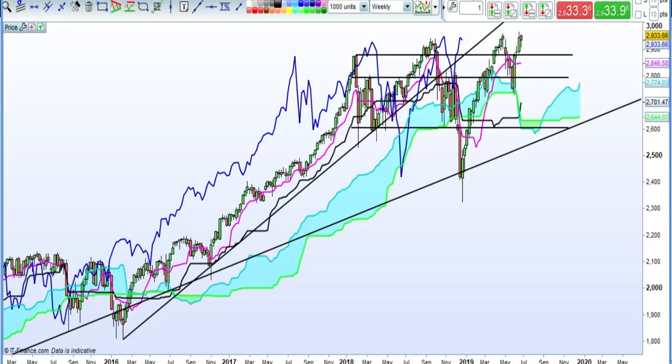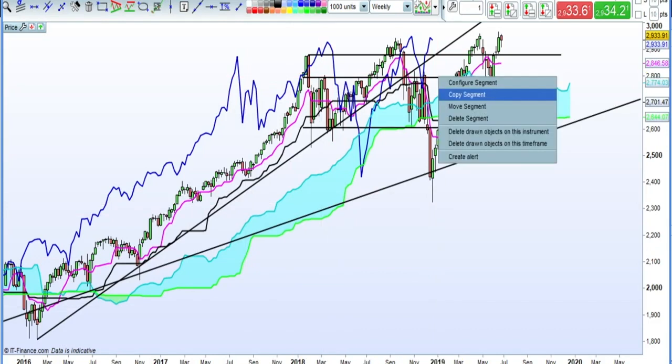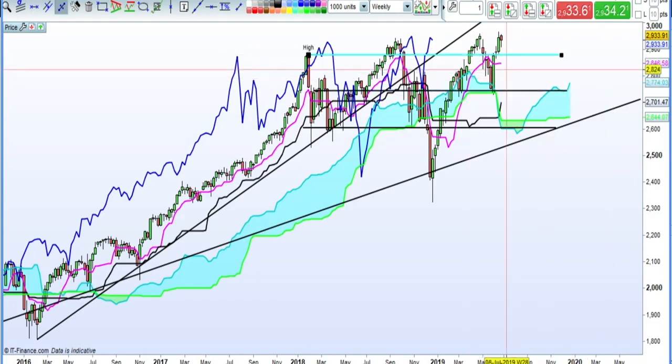And what I've now drawn in is a type of Andrews pitchfork, which are the three horizontal lines, a kind of central one where I feel that the market is in a kind of equilibrium. An upper one which has capped since the beginning of 2018, but not so late that year and this year. So we've got some kind of extensions above the top.